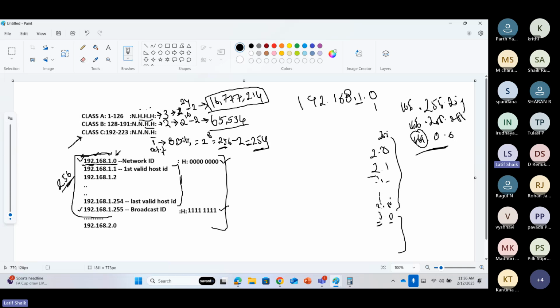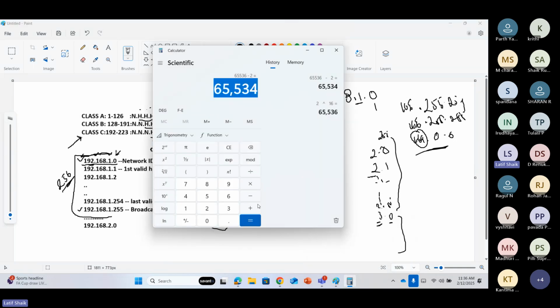So this is a very big one. It is around 1 crore 67 lakhs 77,214 devices we can connect in a single logical network. So take 2 to the power of 24 minus 2.